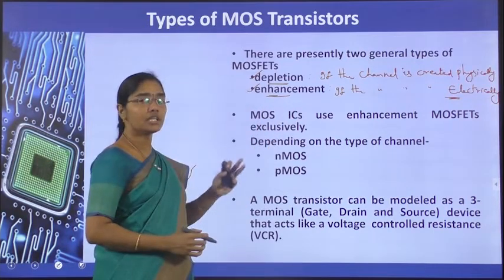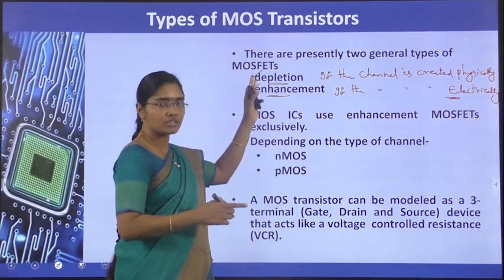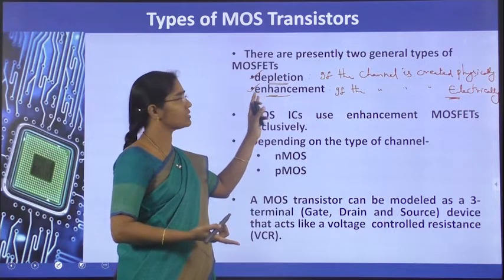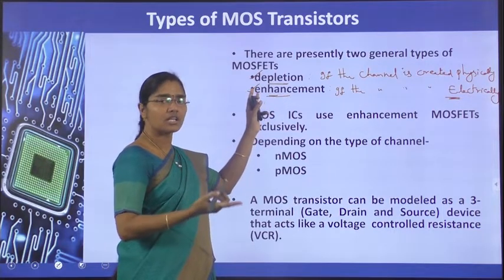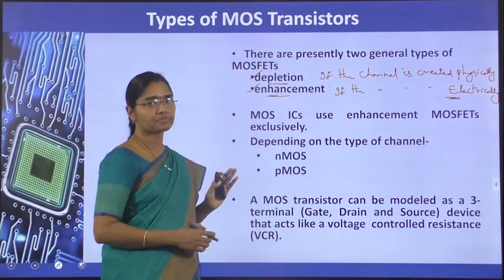That is called enhancement mode MOSFET. So channel inbuilt is called depletion. Without channel after fabrication, having the channel with applying the potential is called the enhancement mode.